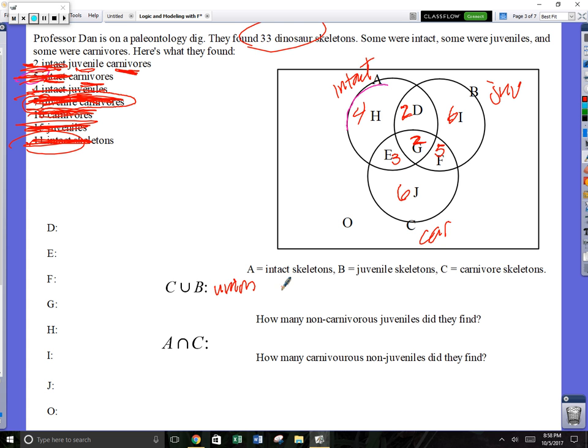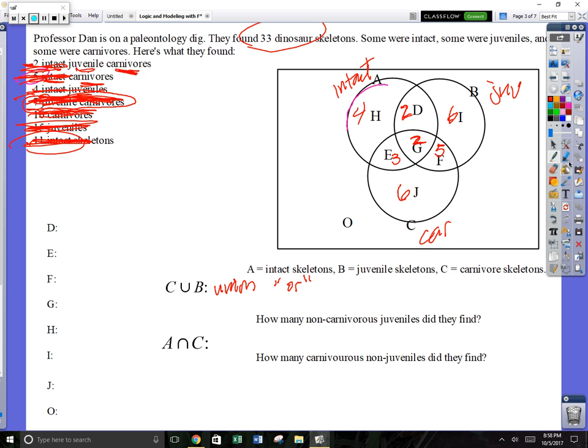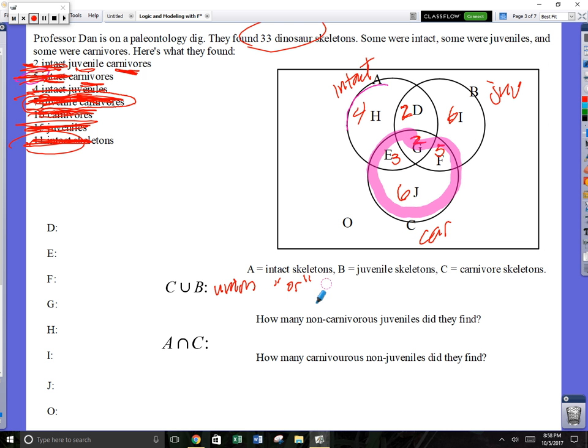So the union is or. So either set C or set B. So anyone that lives in set C qualifies, or anyone that lives in set B qualifies.